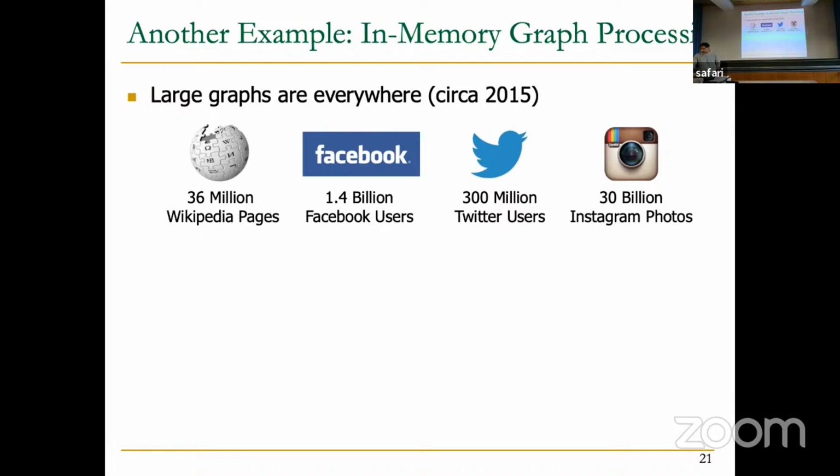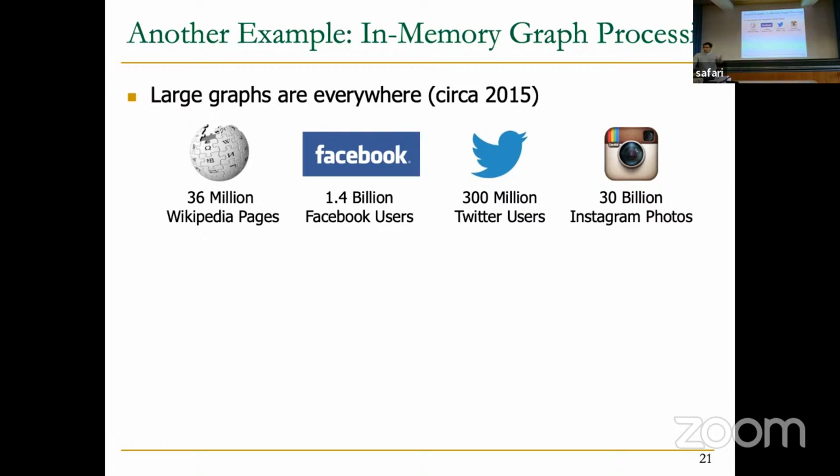And one reason for that is that graphs are large and they become larger and larger. Here you have on the slide some numbers for real world graphs corresponding to Wikipedia, Facebook, Twitter, or Instagram. I'm pretty sure if you compare these numbers in terms of number of users or pages to numbers in the year 2022, they will probably be much more, right?